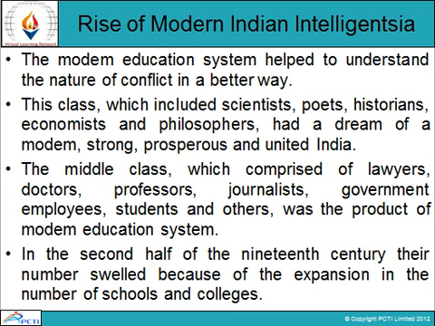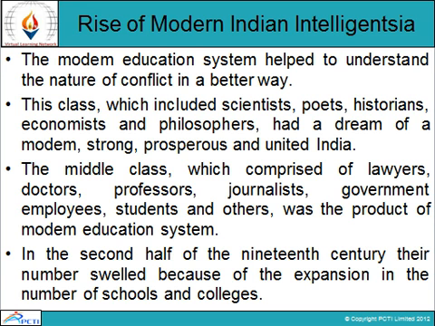The modern education system helped to understand the nature of conflict in a better way. This class, which includes scientists, poets, historians, economists, and philosophers, had a dream of a modern, strong, prosperous, and united India.